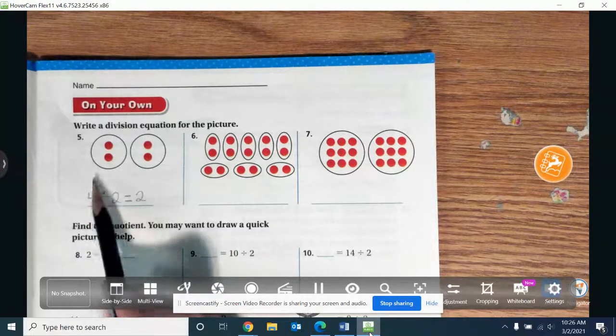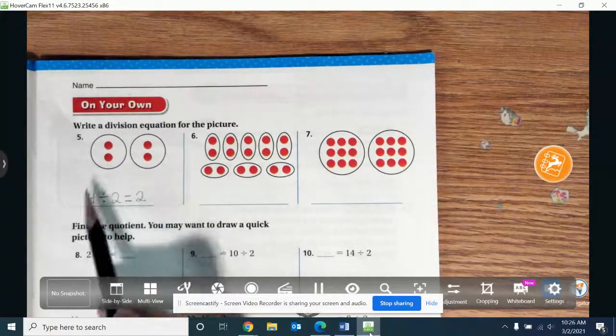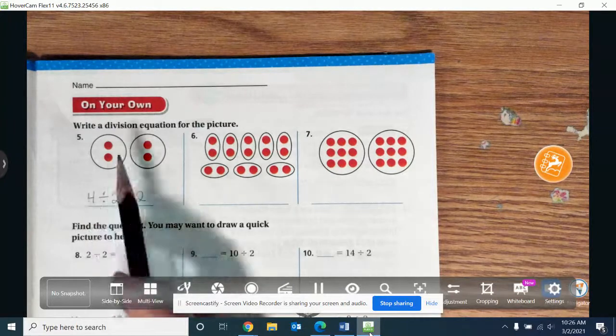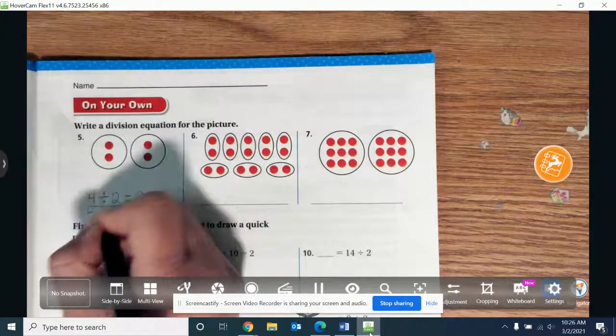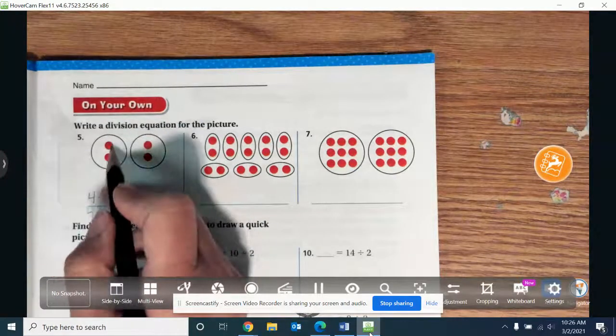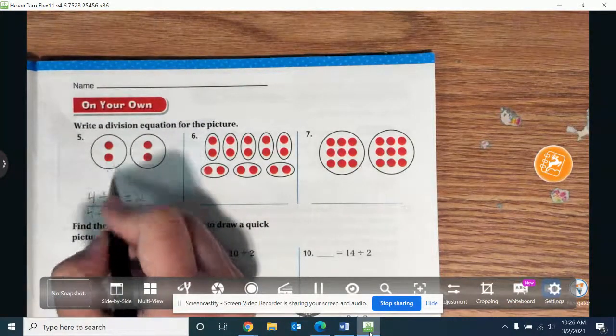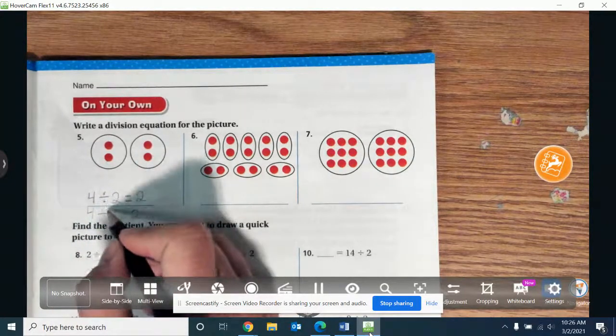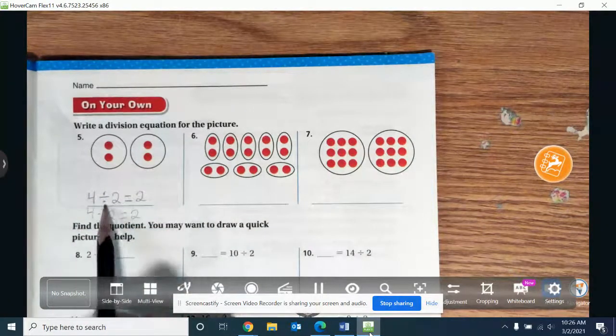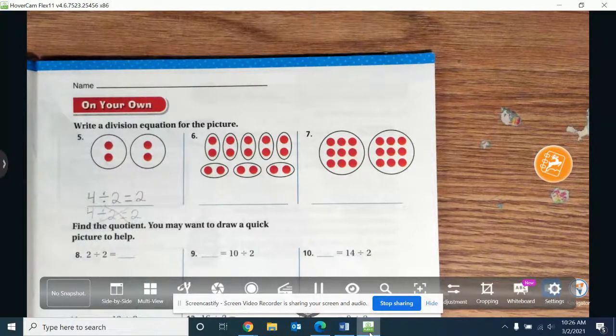In division, always the total goes first. The related one would be exactly the same. 2 in each group for total. And if I put 2 in each group, how many groups do I make? 2. So you do not need to write it again since it's exactly the same.